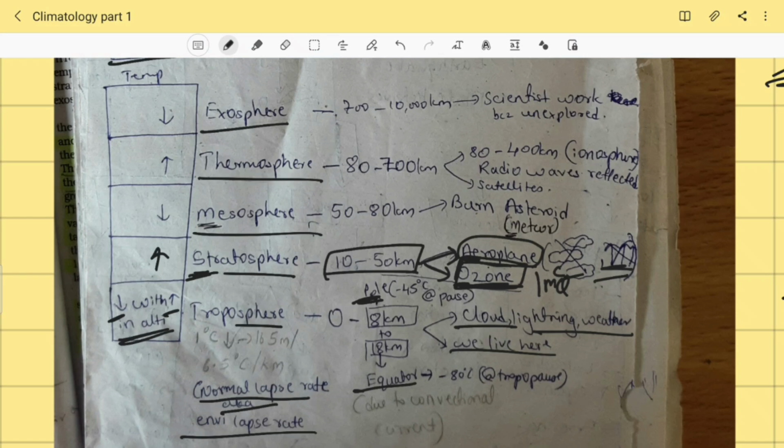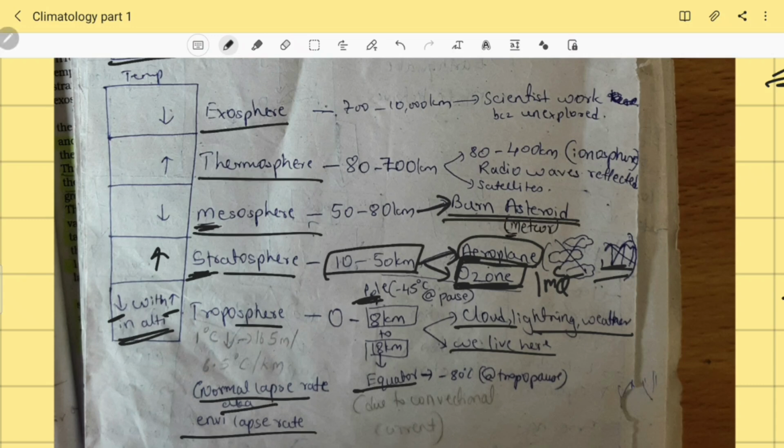Now let's move to the mesosphere. Whenever a meteoroid or an asteroid enters the earth's atmosphere, it burns here, most of the time.